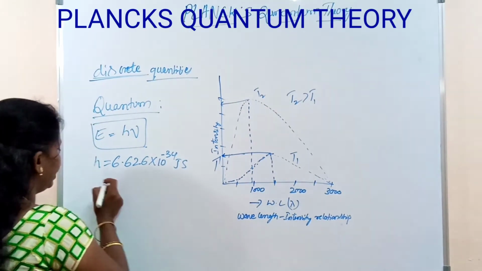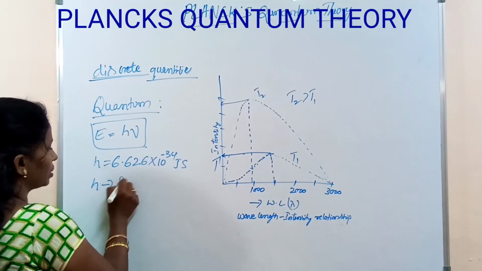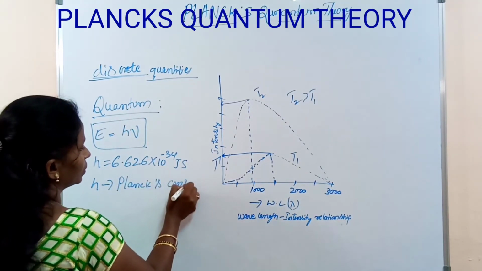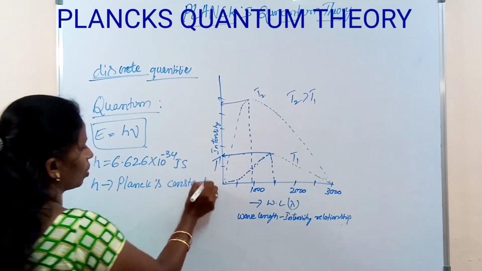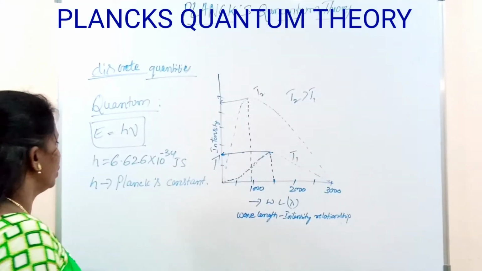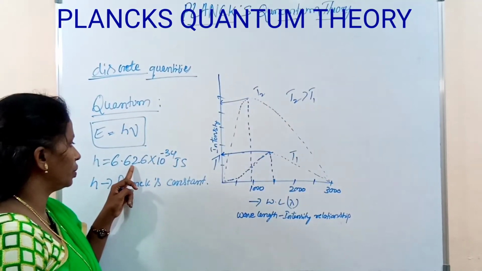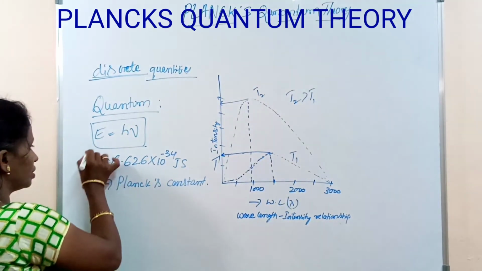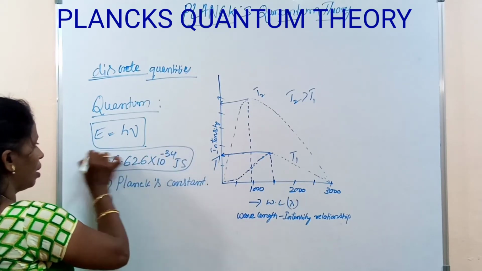He called h Planck's constant. This is the constant value given by Planck.